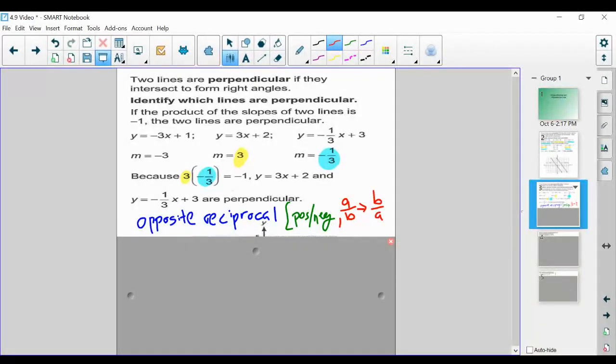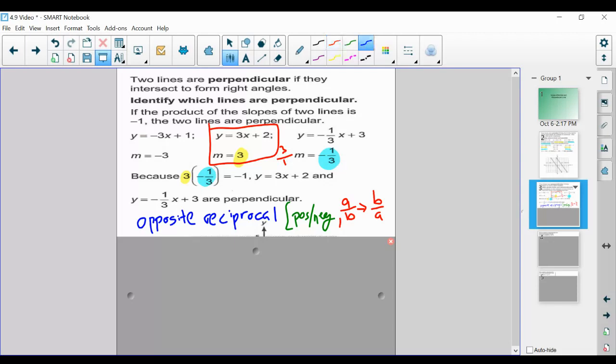If we look at the two equations we identified to be perpendicular in our example, the second line right here had a slope of 3. Well, that's positive 3, so that's positive 3 over 1.